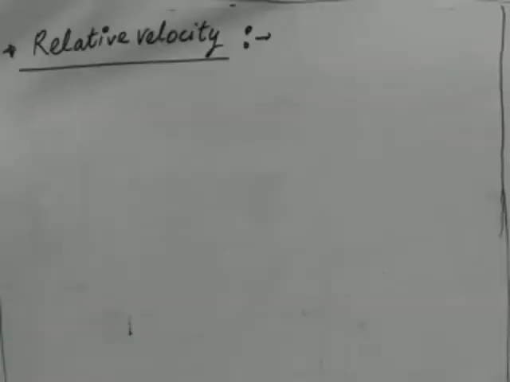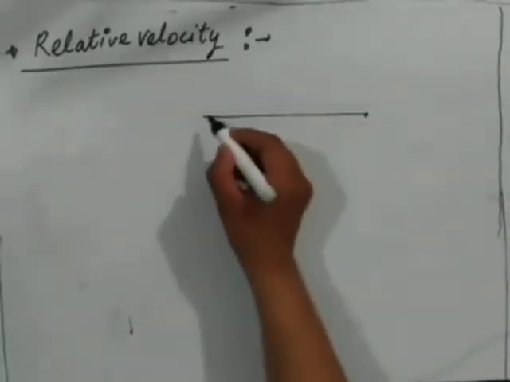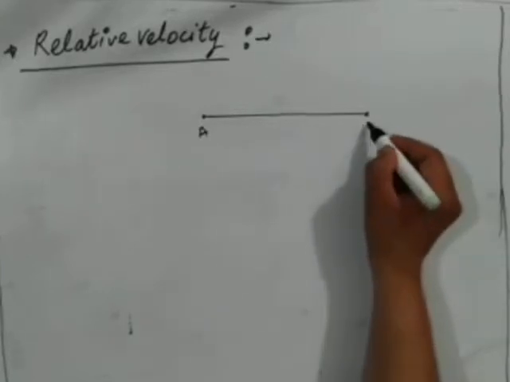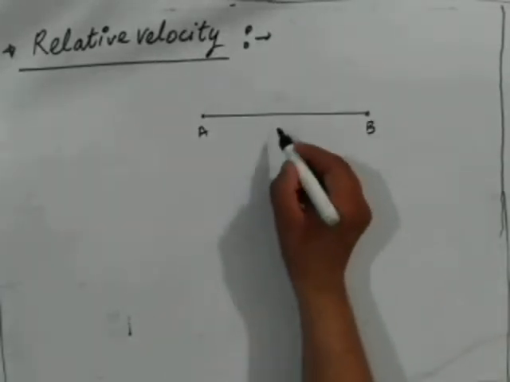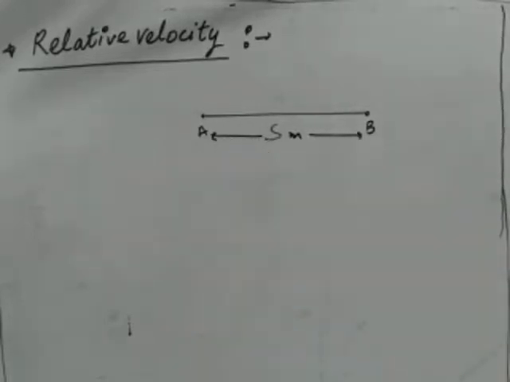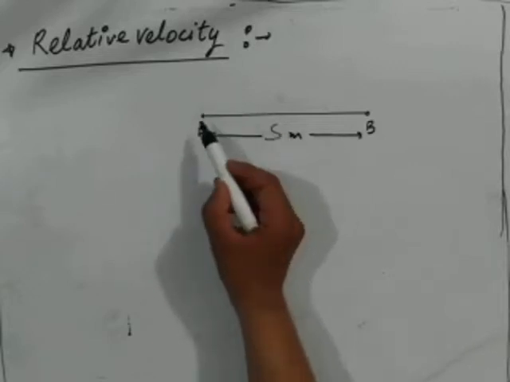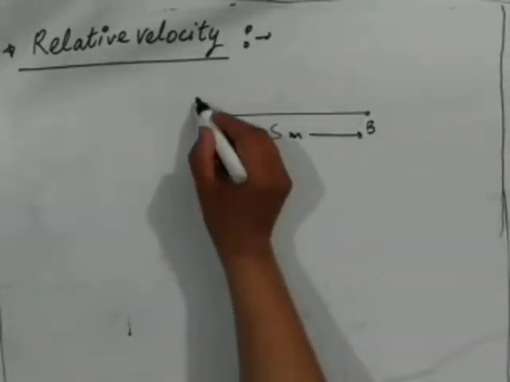Before we understand relative velocity, let us consider 2 points A and B at a distance of s meter from each other. Now consider an object which goes from A to B with a velocity v.